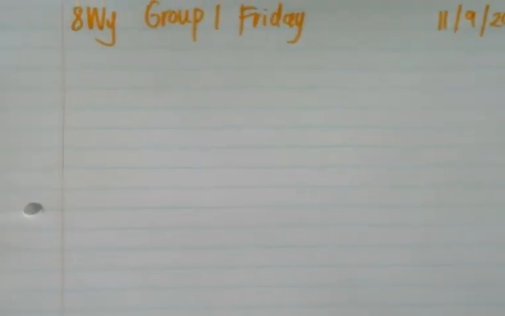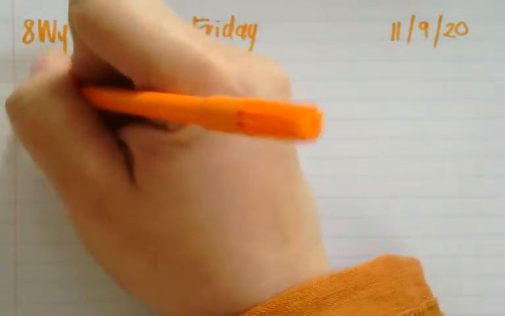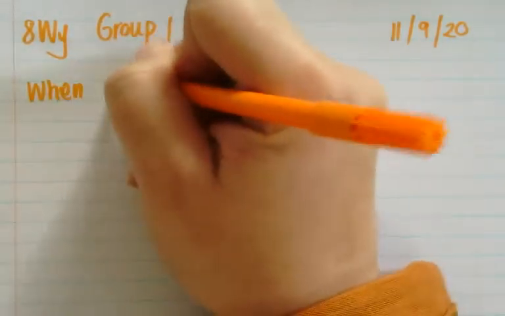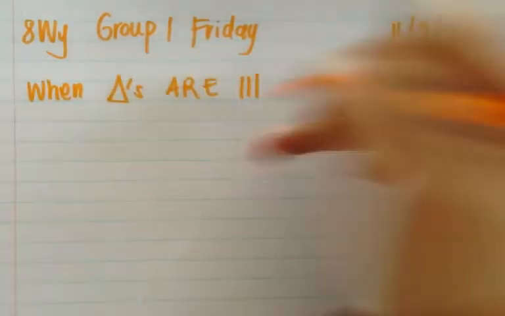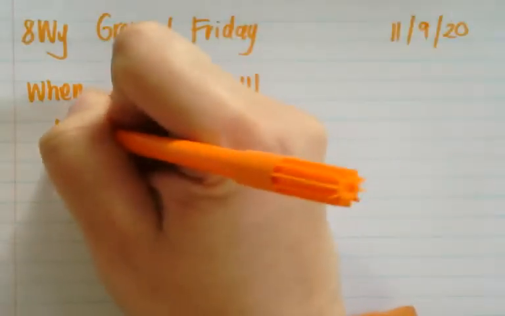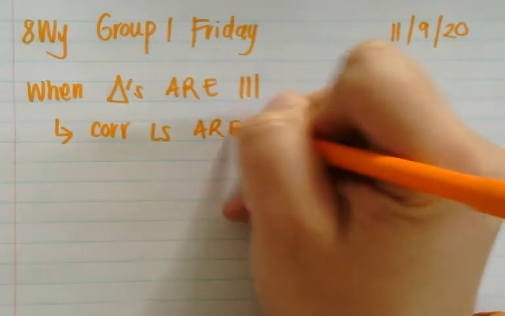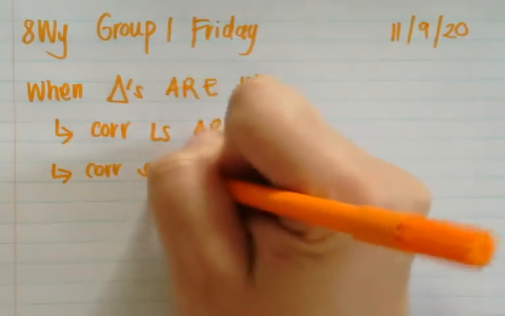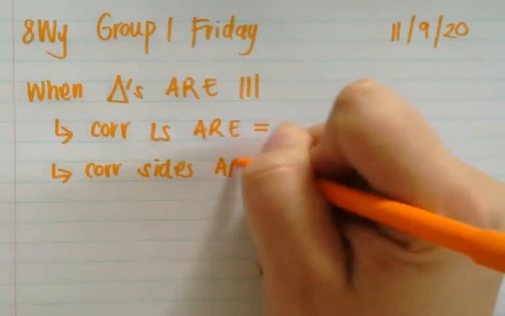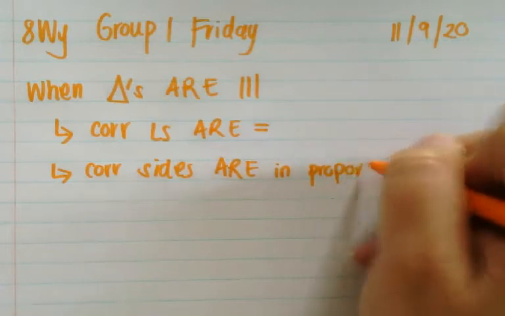So we'll write it just one more time to try and get it into our heads: when triangles are similar, and I'm going to use the symbol for similar, corresponding angles are equal and corresponding sides are in proportion. What does that mean?